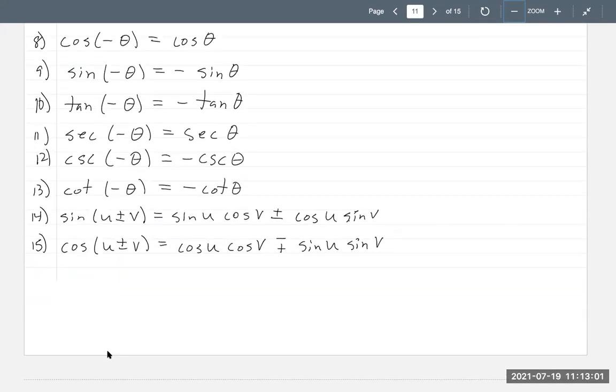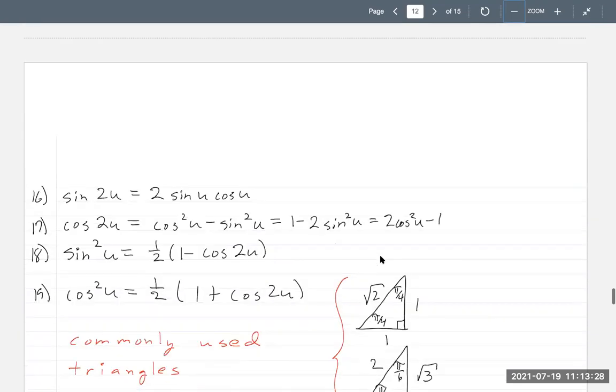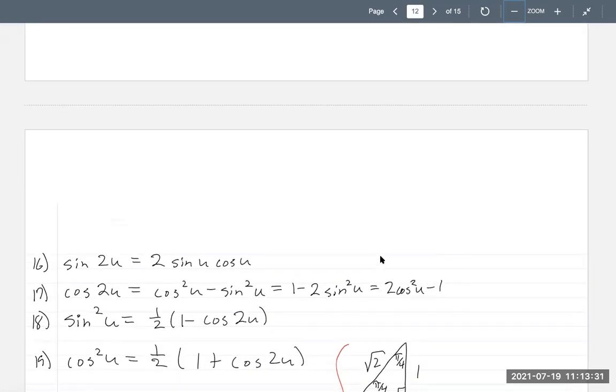We have the sum and difference formulas for trigonometric functions. Sine of u plus or minus v is sine u cosine v plus or minus cosine u sine v. And cosine of u plus or minus v is cosine u cosine v minus or plus sine u sine v. We also have the double angle formulas.